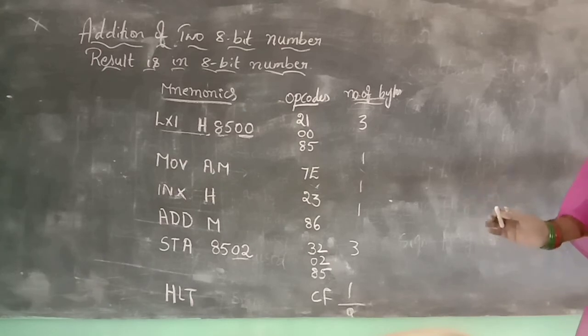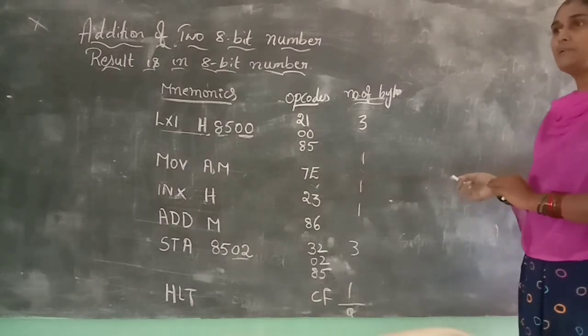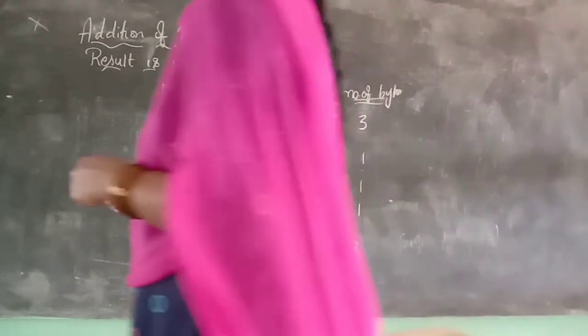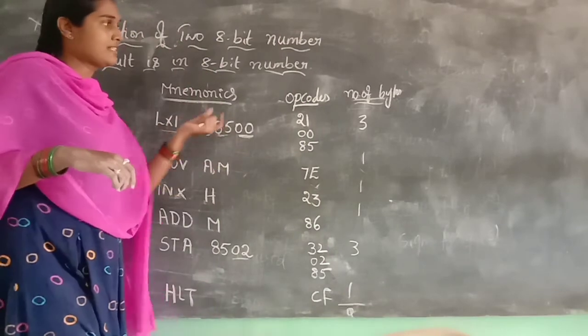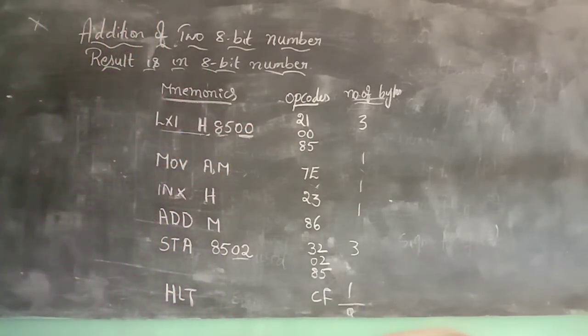And next, this is the writing of the ALP for theory. Coming to the practical, we enter either mnemonics or opcodes at particular locations in the 8085 kit.